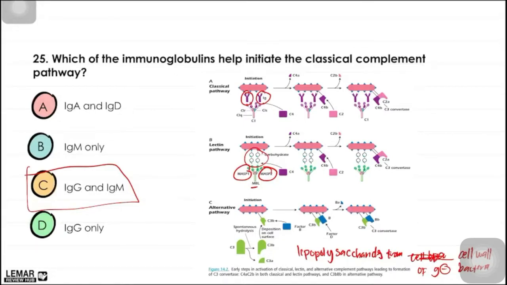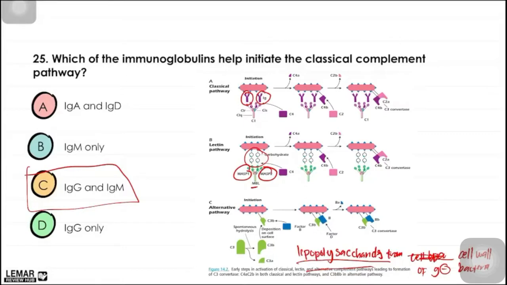Some agents that activate the classical pathway, such as viruses, aggregates of immunoglobulins, and necrotic cells, can also trigger the alternative pathway. But particularly here, it can be activated through the lipopolysaccharides present in the cell wall of gram-negative bacteria.